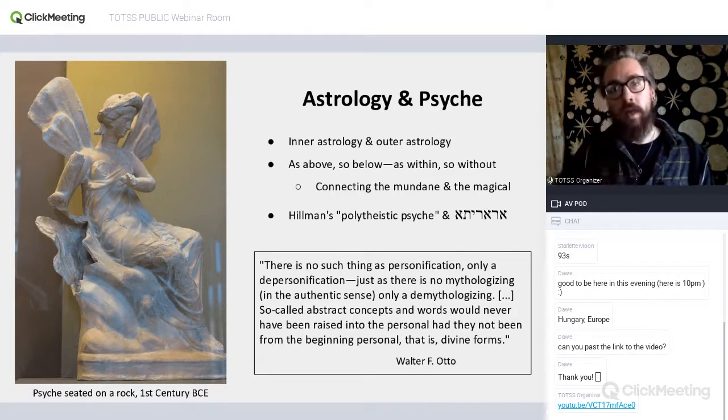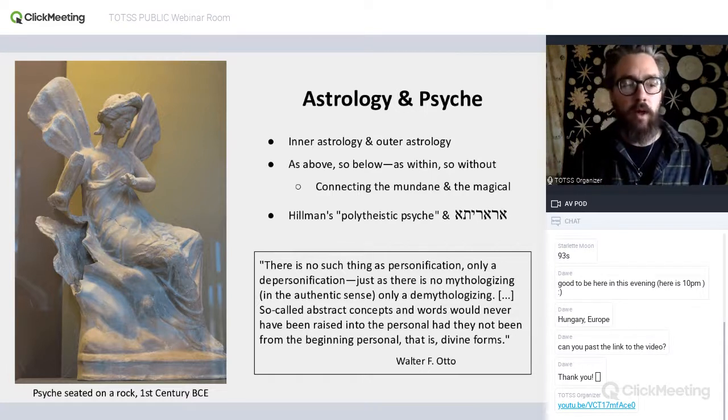So in talking about the planets today, as you'll see, I'm going to talk about these in personal terms. I think of the planets as persons, as living, intelligent, spiritual powers, as celestial powers and even divine powers.